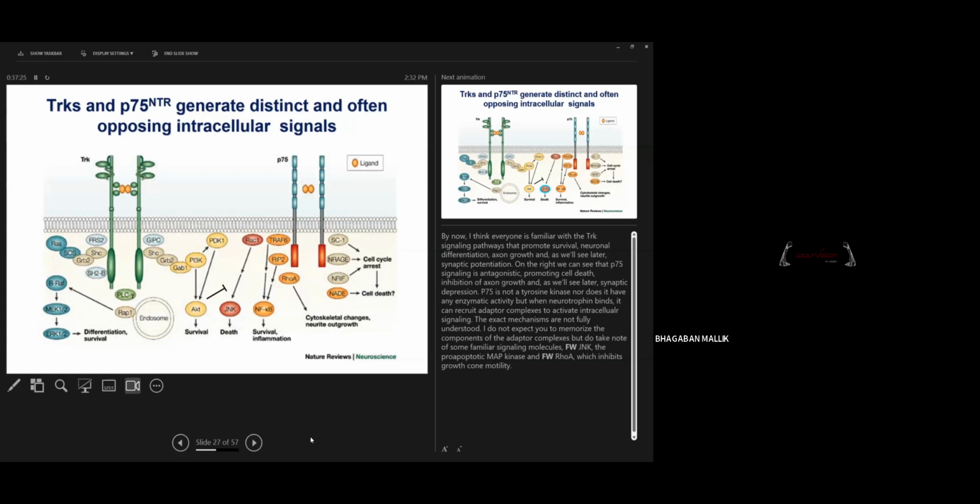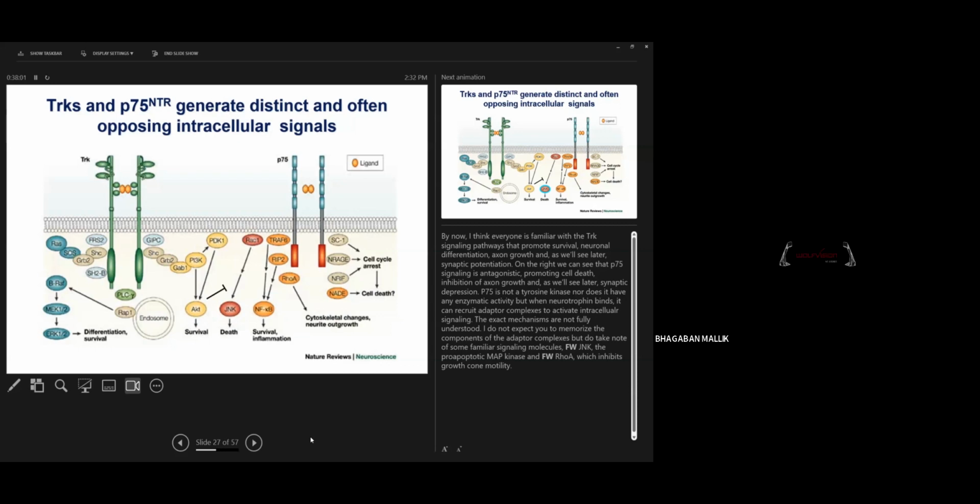So when we have activation of P75NTR, the RAC causes the death of the neurons. But in other cases, as I have shown in some of my previous lectures, RAC1 helps in filopodia formation, like neurite growth. So these are the signaling cascades activated when you have binding of pro-neurotrophins to P75NTR. When mature neurotrophins bind to their TRK receptors like TRKA, TRKB or TRKC, this type of signaling cascade is activated.